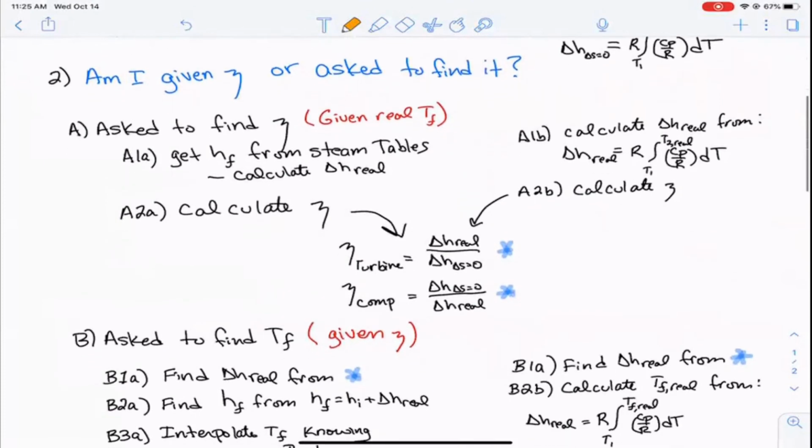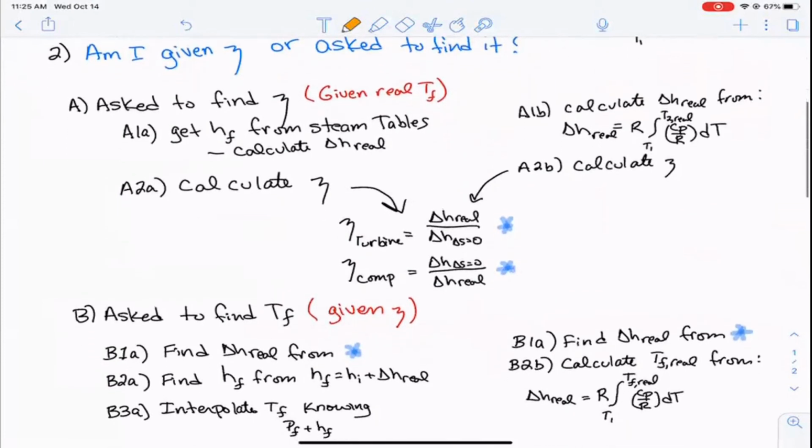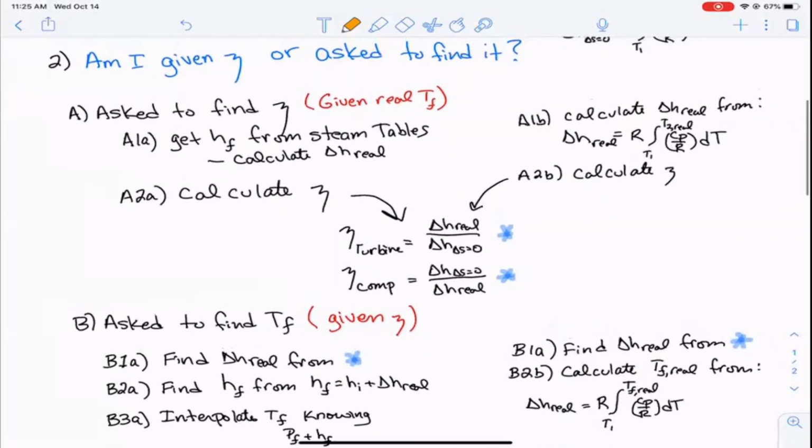And then once I've solved the isentropic case, I ask myself, am I given the efficiency or am I asked to find it? And whether I'm given the efficiency and asked to find the temperature, or the real work, or if I'm asked to find the real work and final temperature given the efficiency, I either follow A or B.